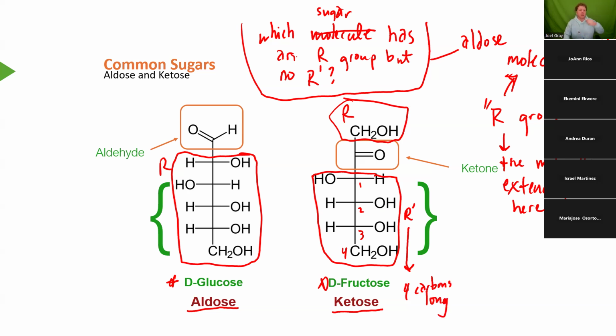How many carbons long is my R group? My R group up here is just one carbon. So my R prime is four carbons, and my R group is one carbon, looking at my ketose here. Sorry about the confusion there. So from the carbonyl group that I put a star on, I've got an R group that's one carbon long, and then an R prime that's four carbons long.